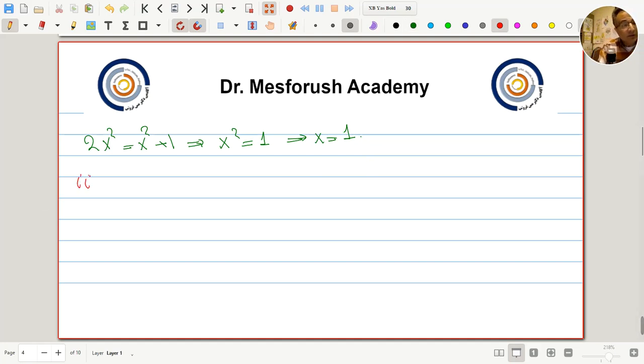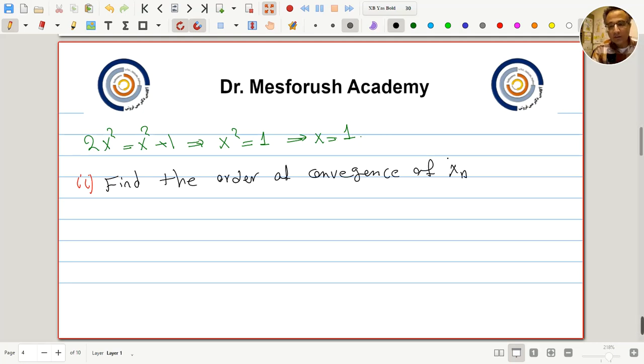But the second part is a little tricky, and you should know something. The second part is to find the order of convergence of x_n for n equal to 0 to infinity.